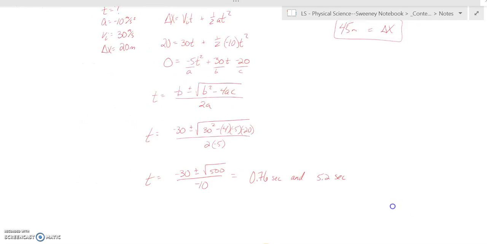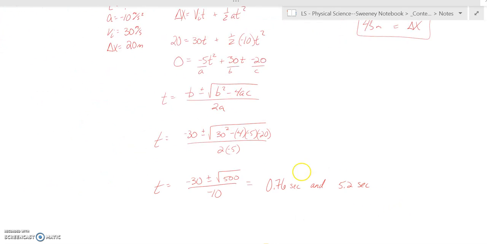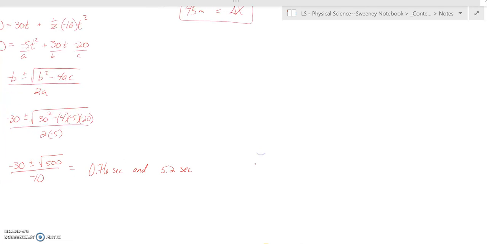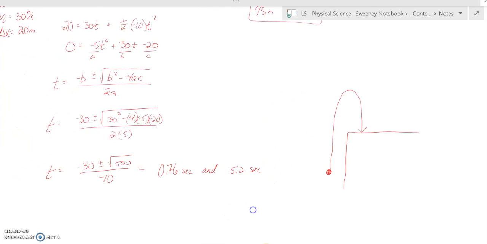So you have to think about what's happening in the problem. The ball starts out at a certain height, goes up 45 meters, and then lands. What we just solved for mathematically is the time it takes to get to this height of 20 meters up. Well, our ball is at that height twice.